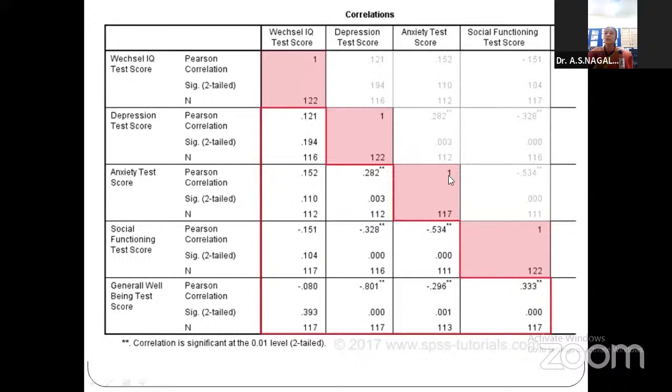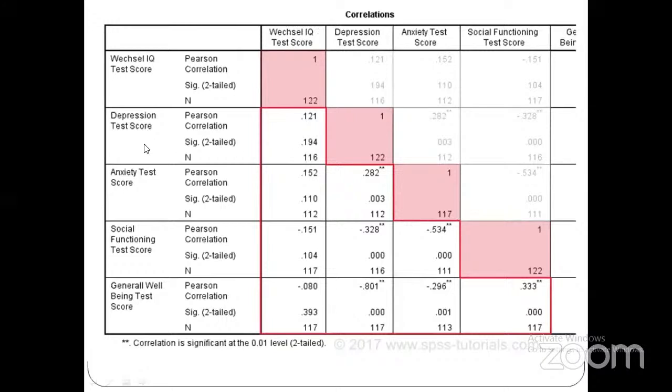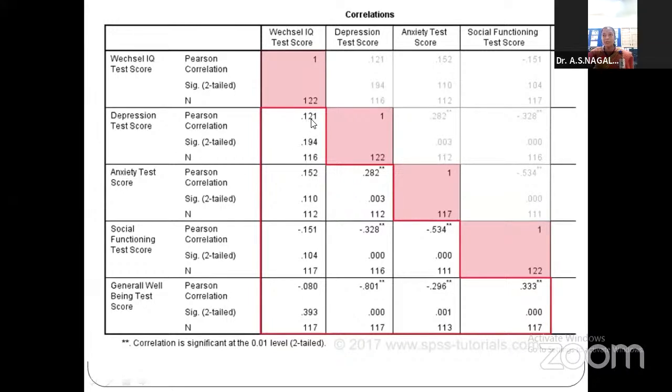So we will take the value from here. See how verbal IQ is connected with depression test score. It is 0.121. That says there is no strong relationship.